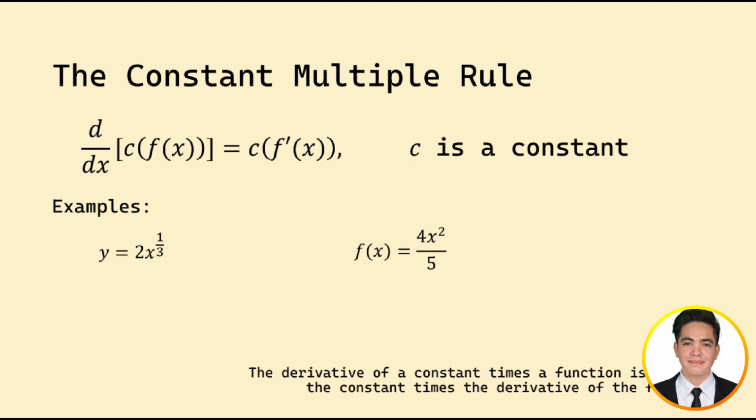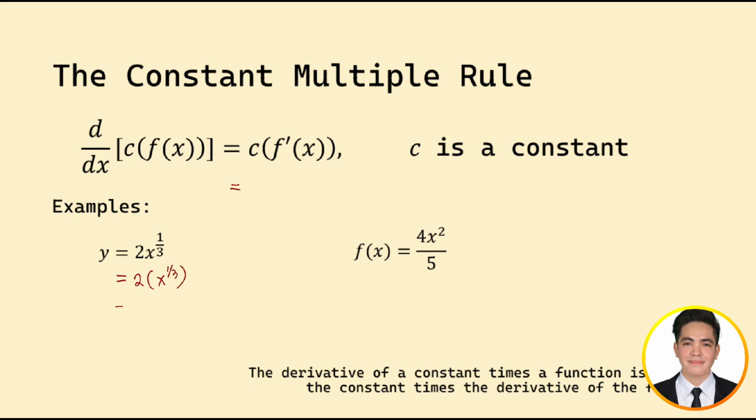So, ibig sabihin nun, na kapag i-differentiate lang natin yung variable. So, example here, y is equal to 2x raised to 1/3. So, ang gagawin daw, sabi dito sa rule ng constant multiple, is ilalabas natin yung 2 and then kukunin natin yung derivative na x raised to 1/3.